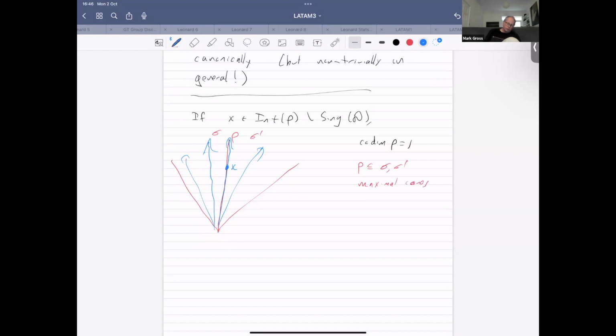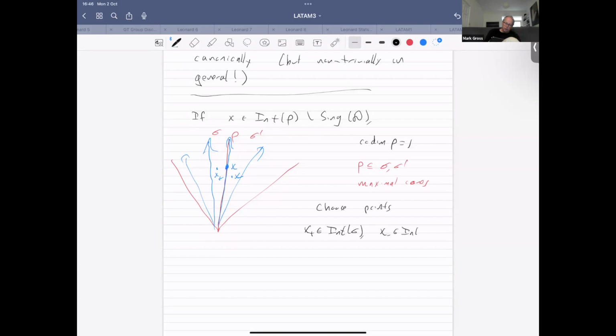And let's choose points, let's say X plus and X minus near X. X plus in the interior of sigma and X minus in the interior of sigma prime near the point X. And by near, it means that I can connect X plus to X and X minus to X without crossing any other walls other than the walls X itself is containing.